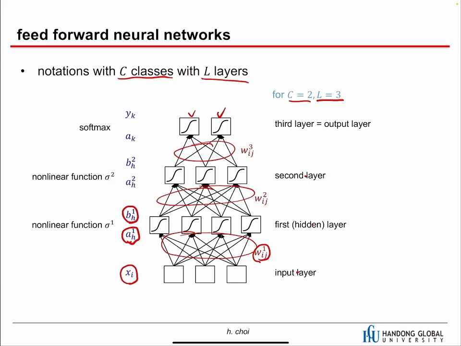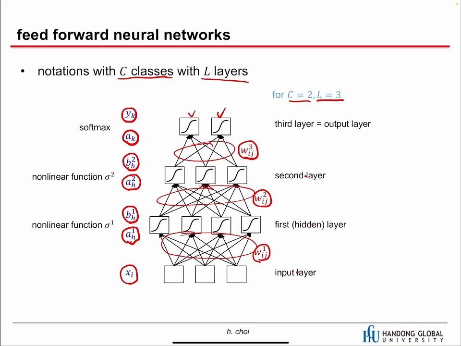And then we apply the matrix multiplication to this B, and then we get this A2 and apply the nonlinear function. Now we have a B2. Then apply the matrix multiplication, then we get AK, and apply a nonlinear function like a softmax, and now we have YK.